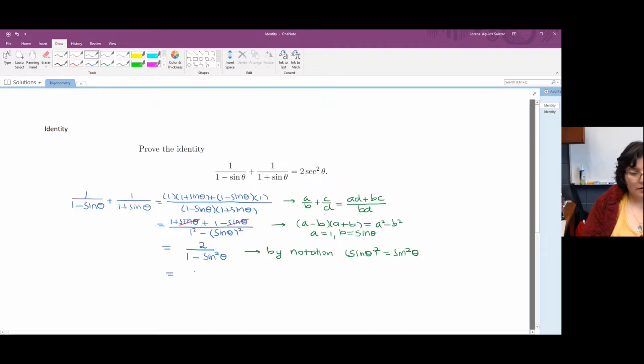And then what we have here is 2 over, and 1 minus sine squared is cosine squared, because of one Pythagorean identity that tells us that cosine squared plus sine squared equals 1. So we can solve for cosine squared in terms of sine squared, to get cosine squared is 1 minus sine squared of theta.